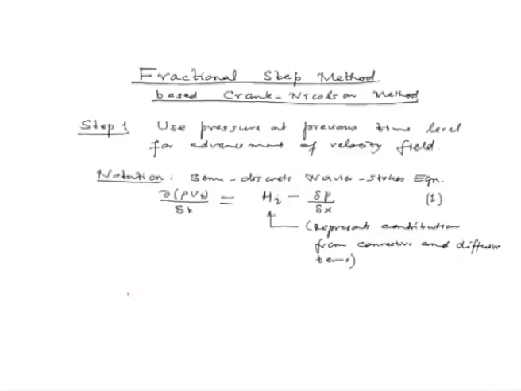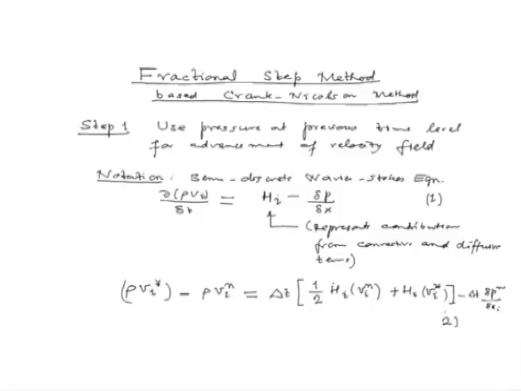So, our step 1 becomes rho V i star minus rho V i n is equal to delta t times 1 by 2 of H i at V i n plus H i at V i star, minus delta t times del P n over del x i.